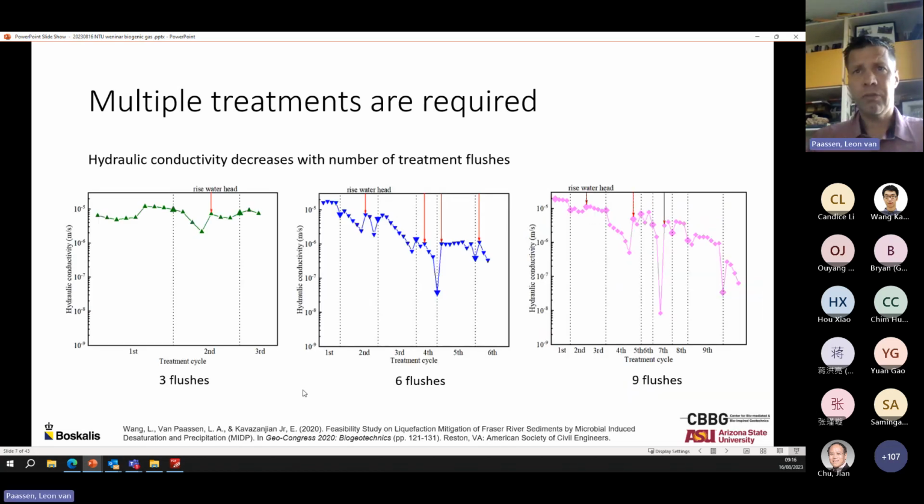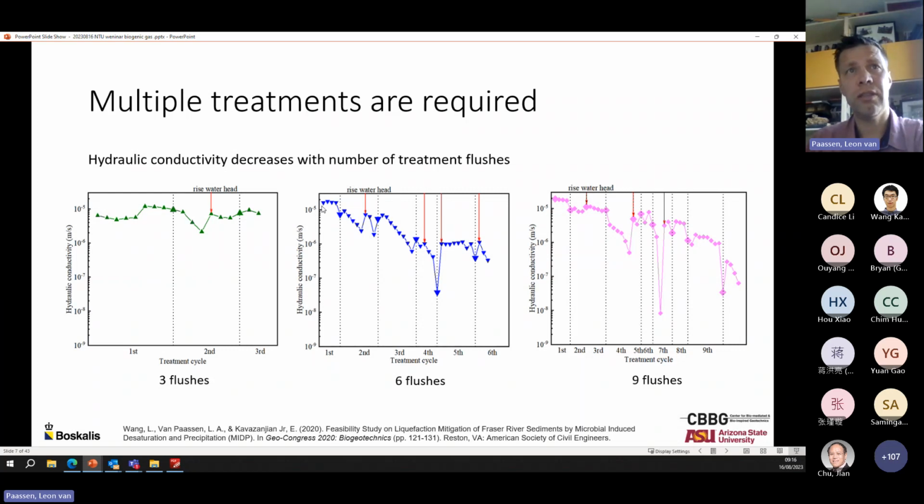Another feature we saw when we had to apply these multiple flushes is that upon flushes, gradually the hydraulic conductivity is reducing because of the accumulation of both the biogas and the biominerals, but also because of the desaturation of the gas. And because of this reduction in hydraulic conductivity, we had to increase the water head during flushing.